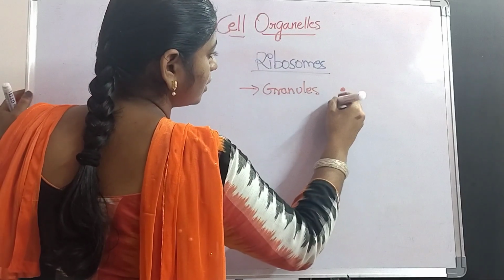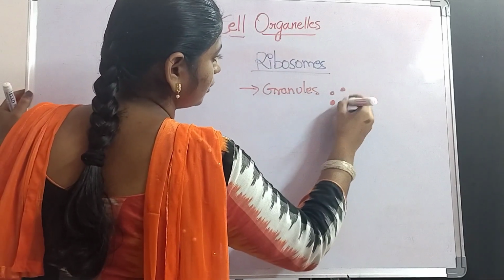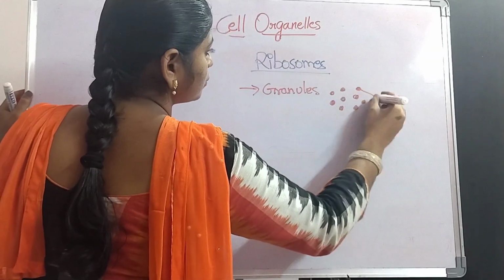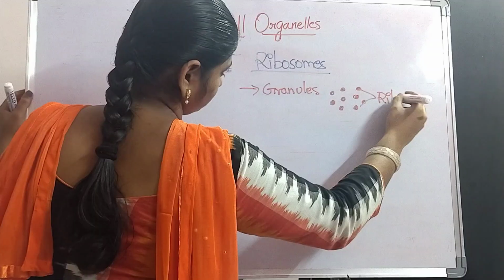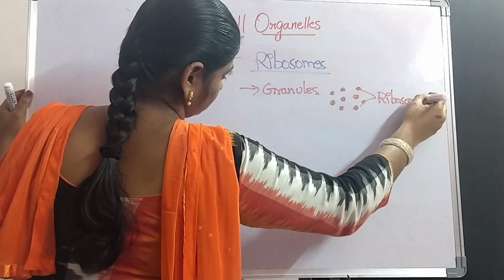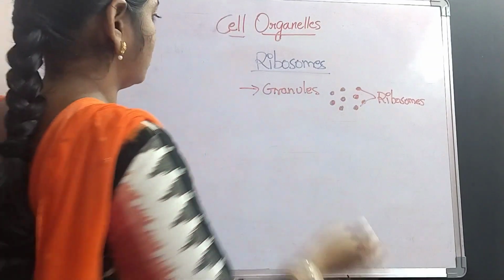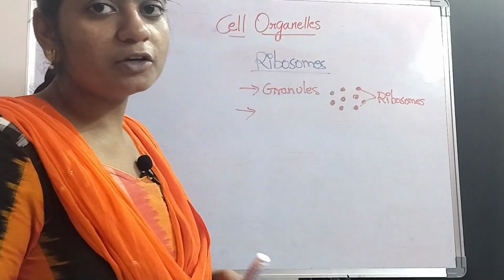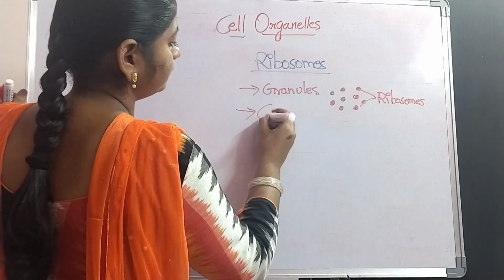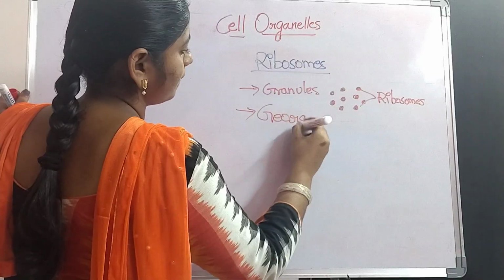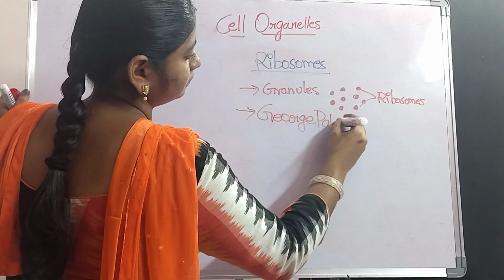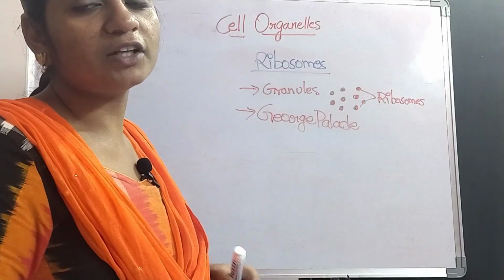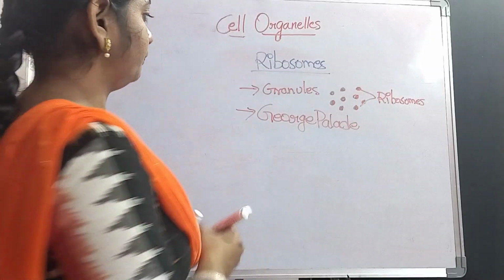The small granular-like structures which are observed in the eukaryotic cell are called as ribosomes. These granular-like structures were observed by George Palade. George Palade was the first to discover the ribosomes in the eukaryotic cell.